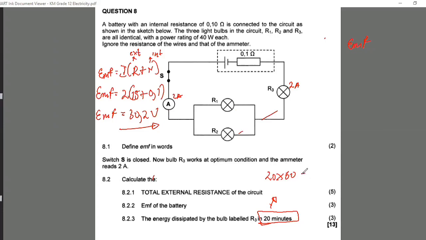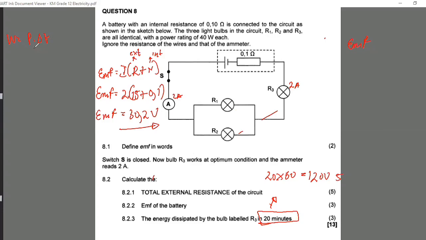So this will give us 1200 seconds, right? Then we know that energy is just a product of power and time, so energy is power multiplied by time.